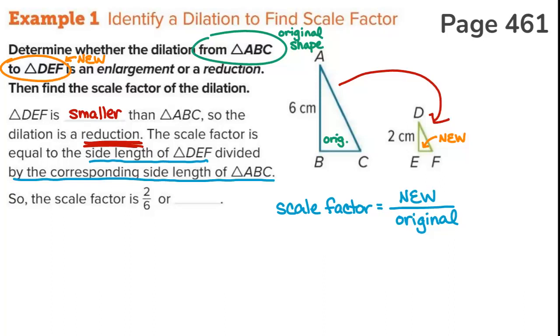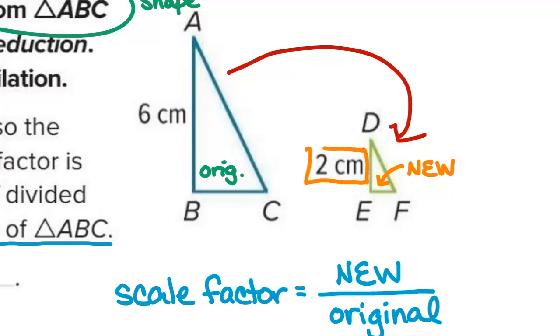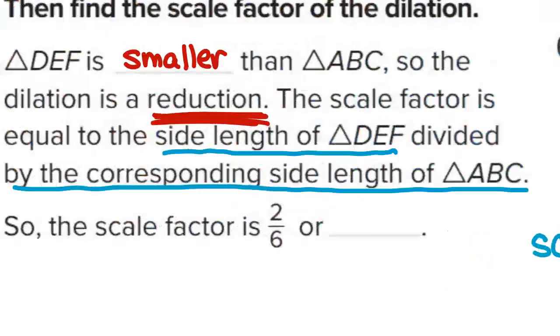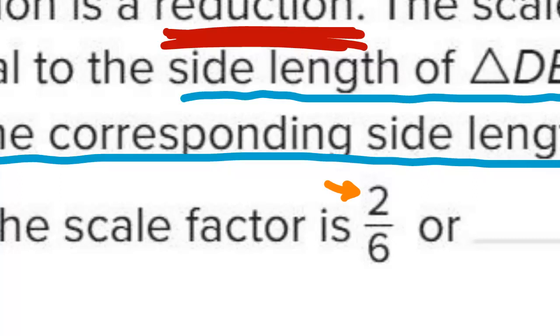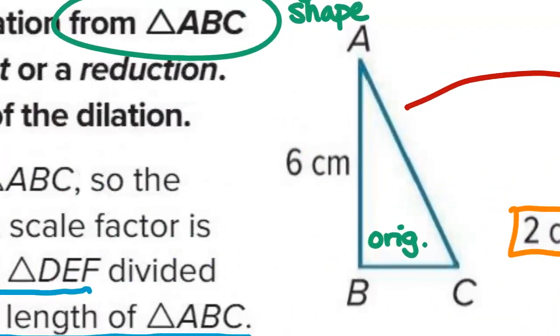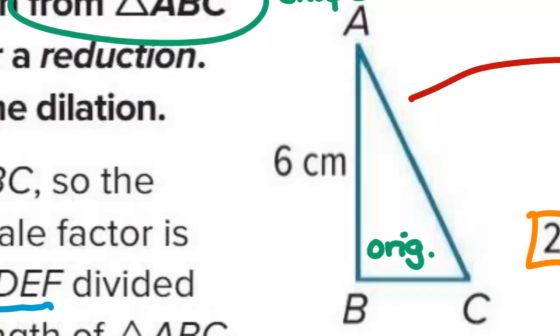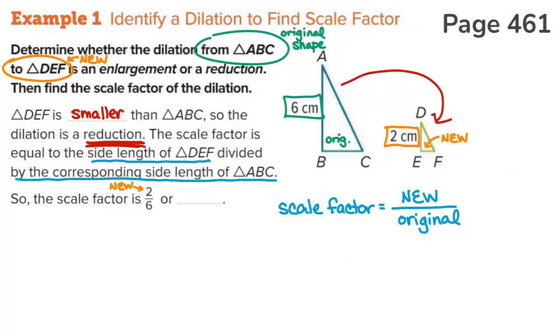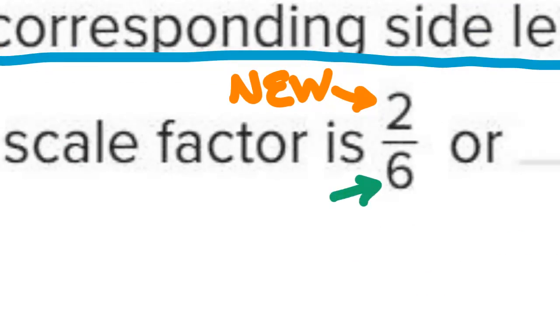I only have one side length on my new triangle. What's the side length that they gave me on the new triangle? 2 centimeters. So that would go up in my numerator. There's my new. What's the corresponding side length on the other triangle? 6 centimeters. So 2 over 6 is my scale factor.